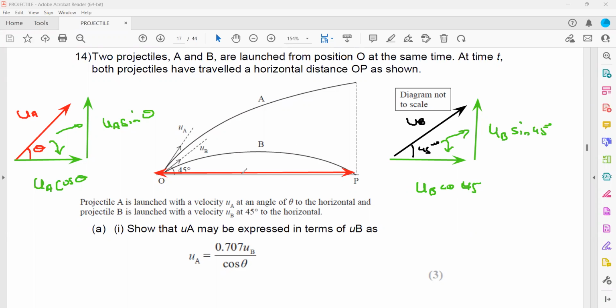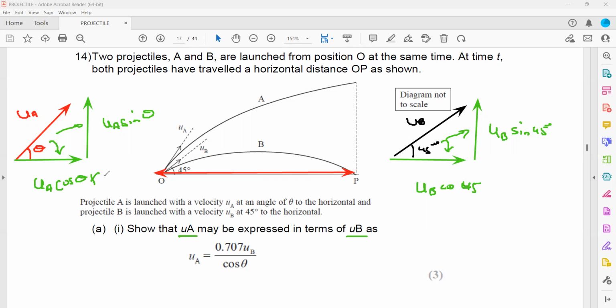Because they have the same range, we can say the range of UA equals the range of UB. And we have to show that UA may be expressed in terms of UB. How do I get the range of UA? Range is speed multiplied by time.